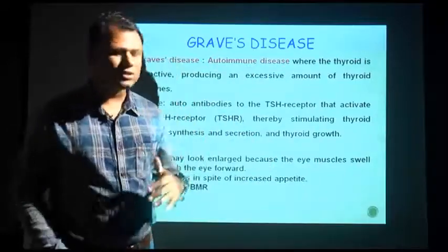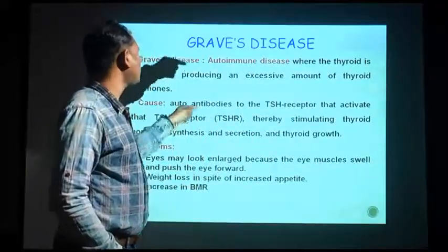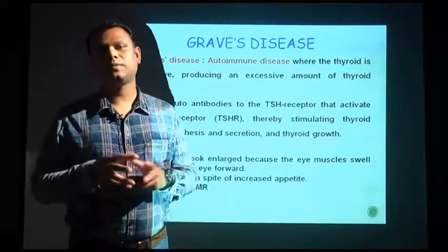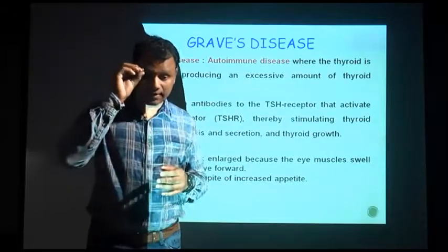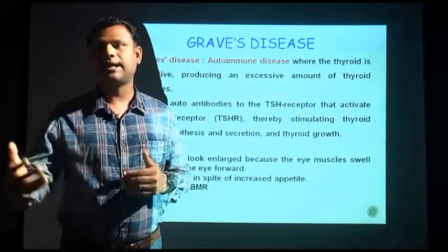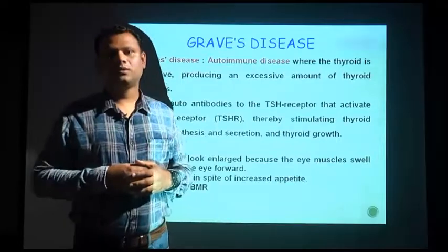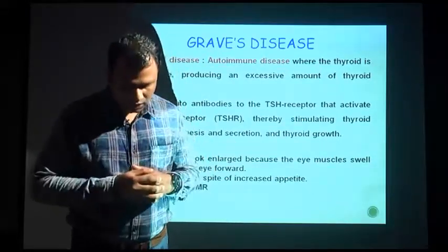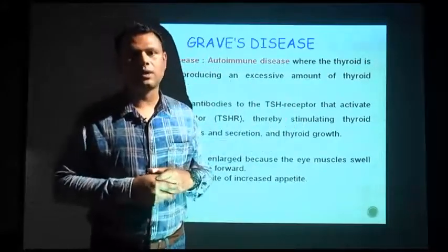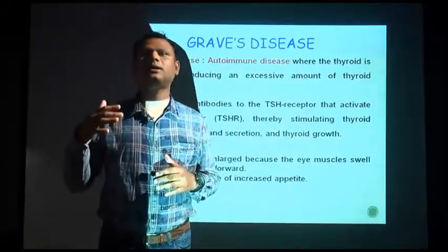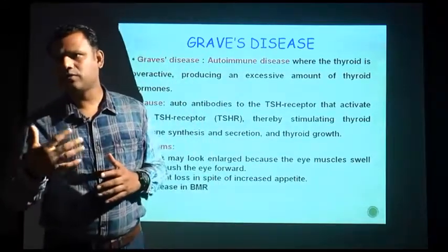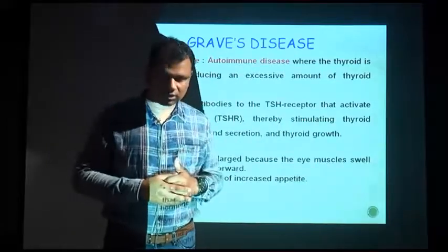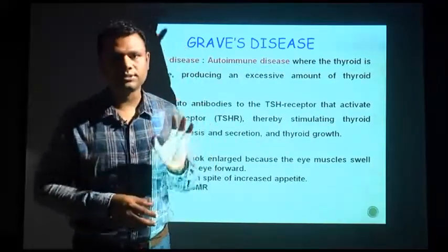The main cause behind this is autoantibodies. What are autoantibodies? At your level, I want to give you a brief introduction to antigen and antibody. Any foreign substances that enter the body, which can harm it and are foreign to the native state, are known as antigens. The mechanism by which our body defends itself is known as the antibodies.